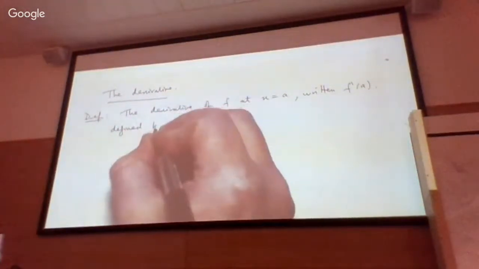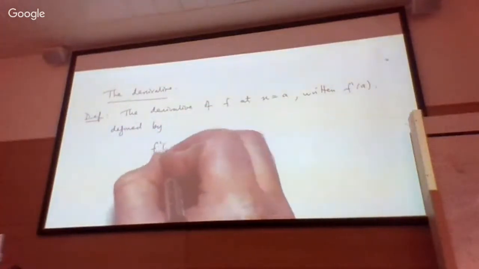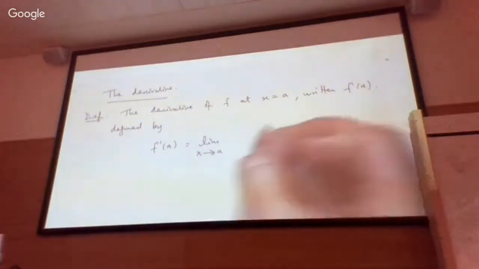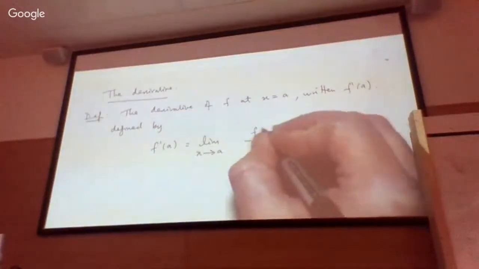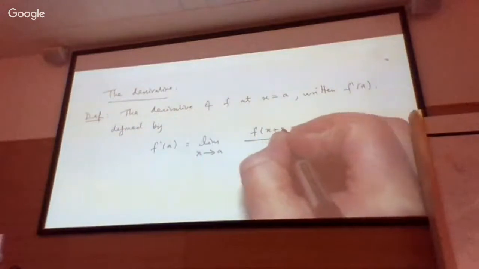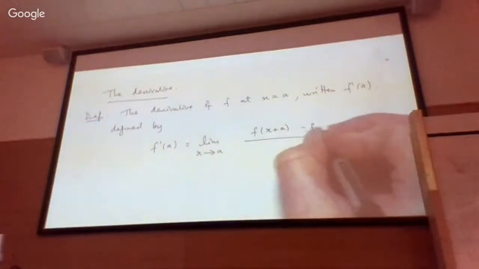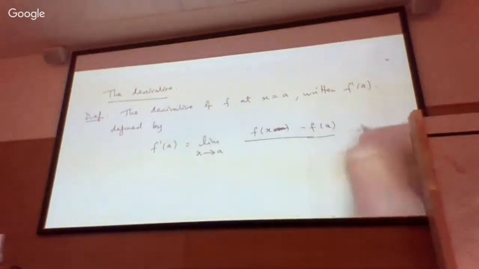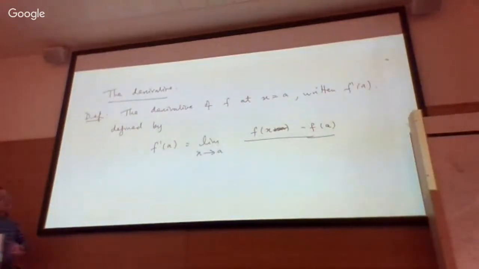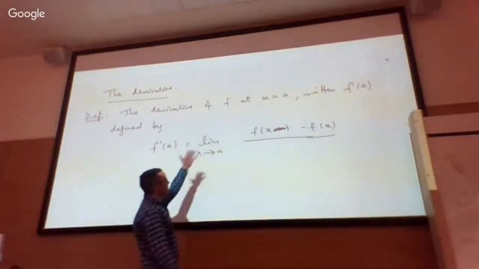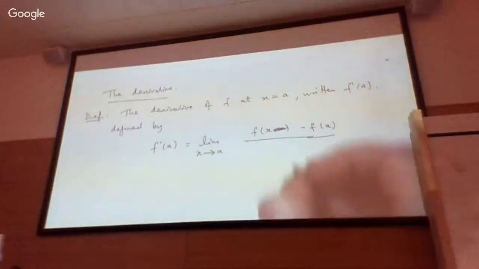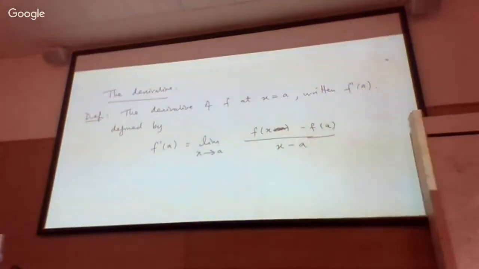And how we defined it was using a limiting process. The limit as x approaches a of this quantity: f of x minus f of a. So it's the change in value of the function between the points x and a. But really, we should measure that relative to the change in value between x and a.